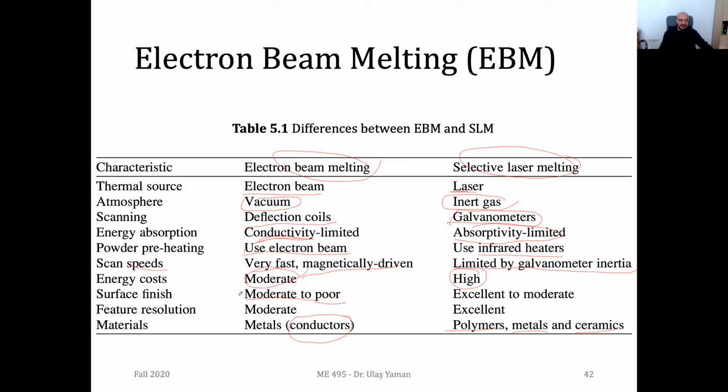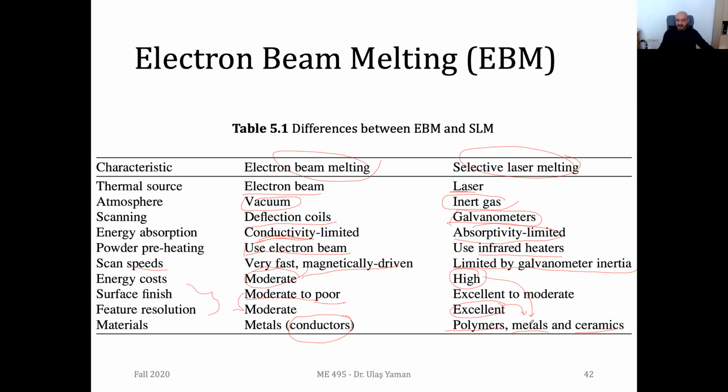And since these two properties, the surface finish and feature resolution, are related to each other, we cannot have very small features fabricated on the EBM side, but this is not as big a problem in the laser melting systems. The surface quality and feature size are very good for polymers, but we also have some problems for the metals.